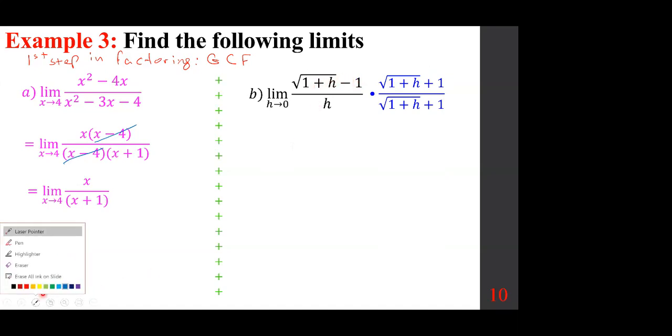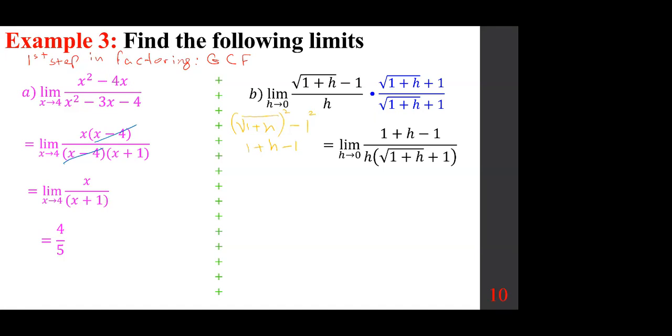So I'll write it for you. You have the following: 1 plus h under the radical squared minus 1 squared. This becomes minus 1. So that's the numerator. What about the denominator? Don't do anything. Write it as a product.